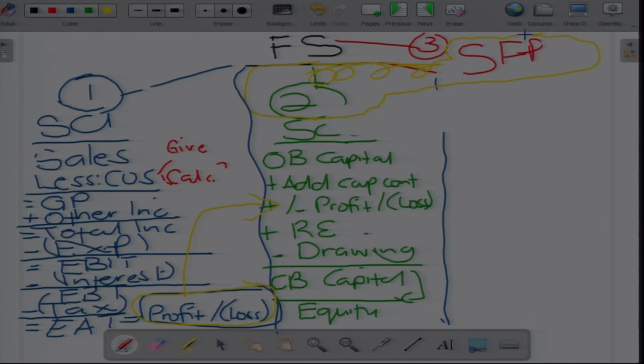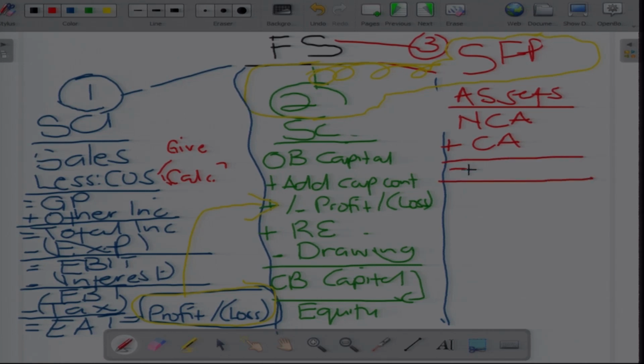This is the third one. So this statement's framework is always non-current assets plus current assets is equal to total assets.